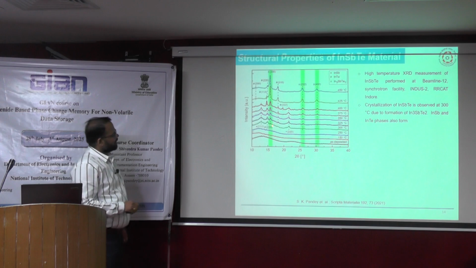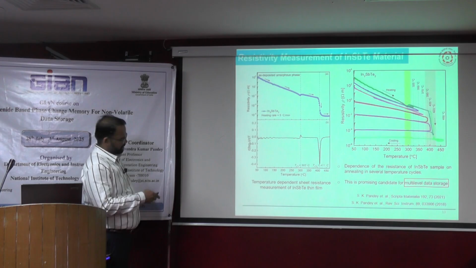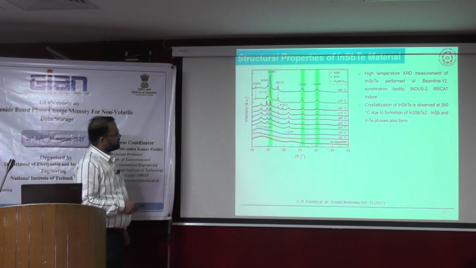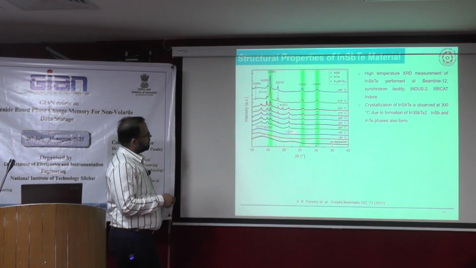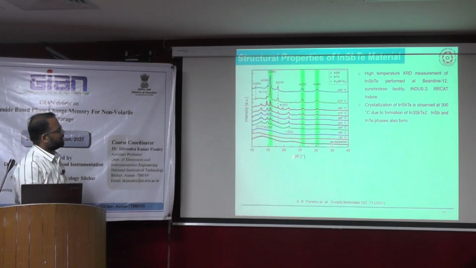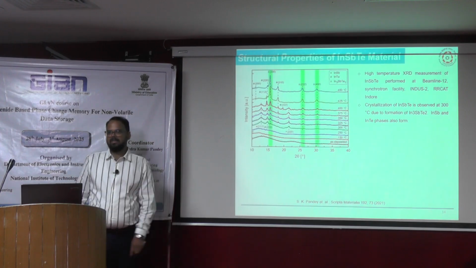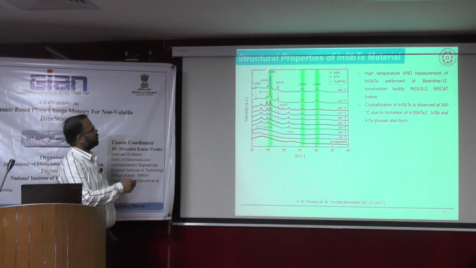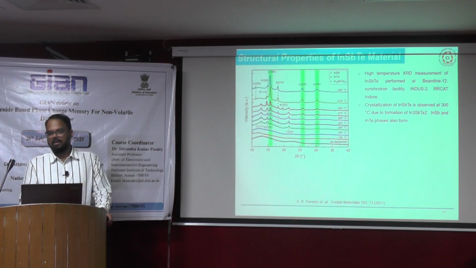Around 300 degrees Celsius, as you can see here, there is a binary phase formation, indium antimony kind of phase. Then at 400 degrees Celsius, the 312 phase emerges, which is the more stable phase for memory application, and then it keeps growing. This is the confirmation of what happens electrically, which we tested.